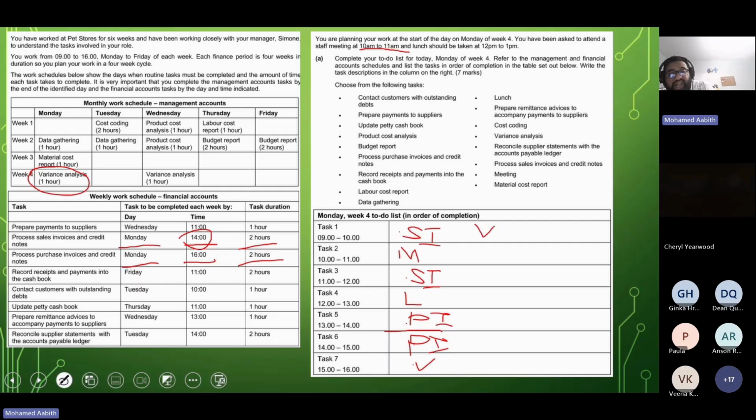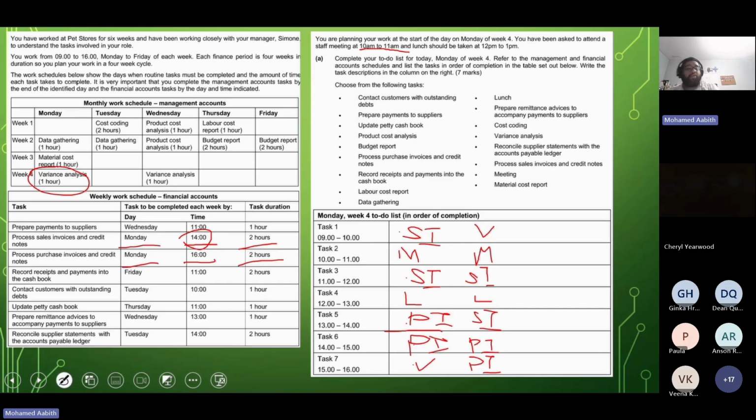Or you could do this way. Can I do the variance analysis first, then go to meeting, then the sales invoice, then my lunch, finish my sales invoice, then do the purchase invoice? Is it okay? Absolutely. It's also fine because you're not compromising your deadlines.